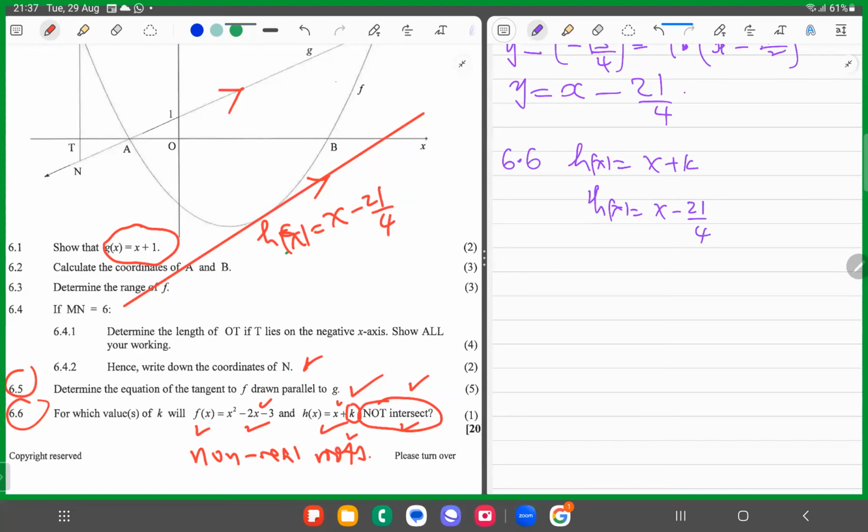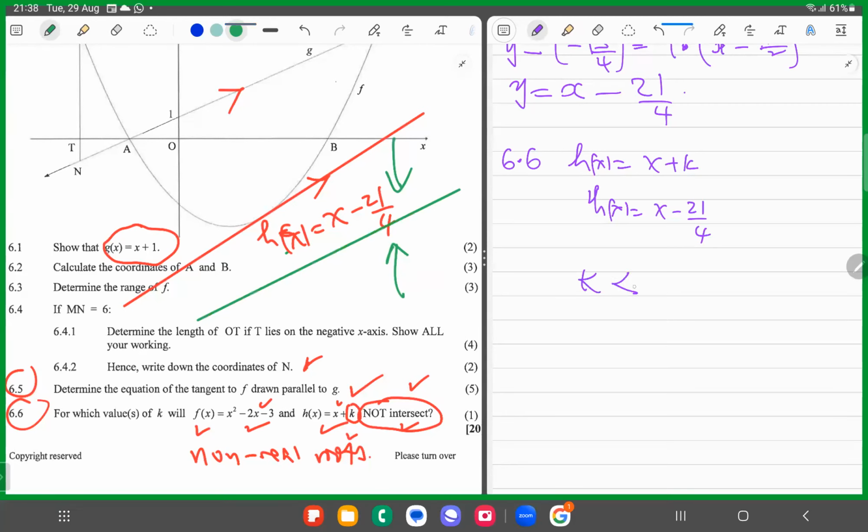So if you temper with this one, if you move it down, they do not intersect. If you move this straight line down, then it's not going to touch f. The green one doesn't touch f because we moved the red one down. So how do you say you moved it down?